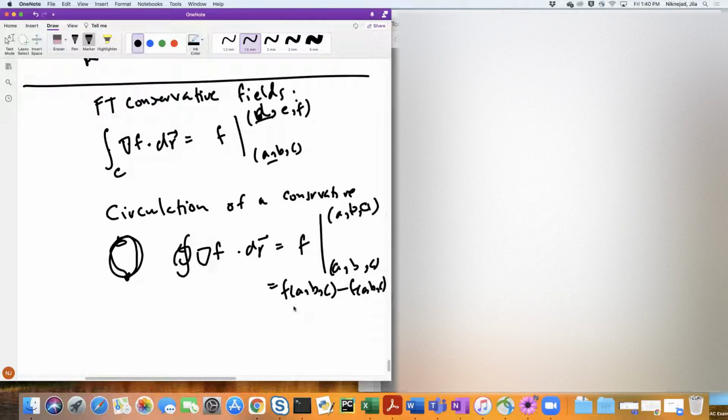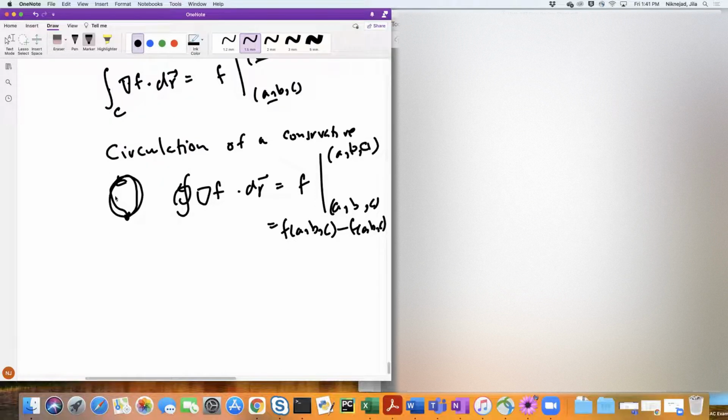So this thing is nice because it tells you that the circulation of the conservative field is 0, right? And also you know that the curl of a conservative field is 0. And so that's one thing.